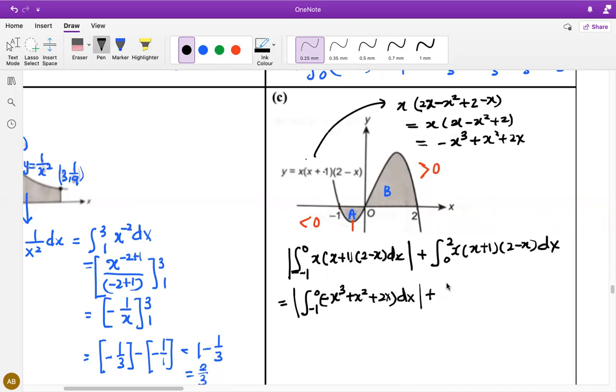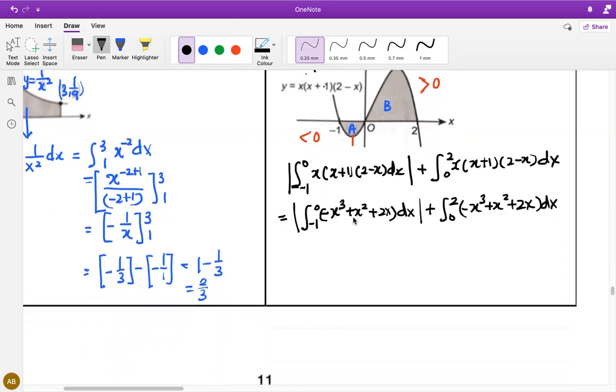Right, so it's a bit tedious. It's quite a long process. Okay, so we integrate, and you get negative x to the power of 4 over 4 plus x cubed over 3 plus x squared. From -1 to 0, you take the modulus, plus this one is the same thing, so you just copy.